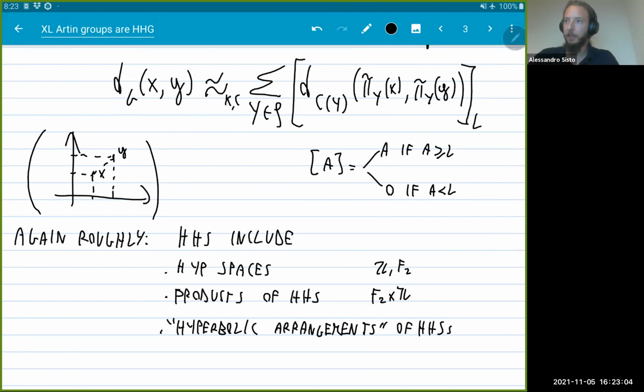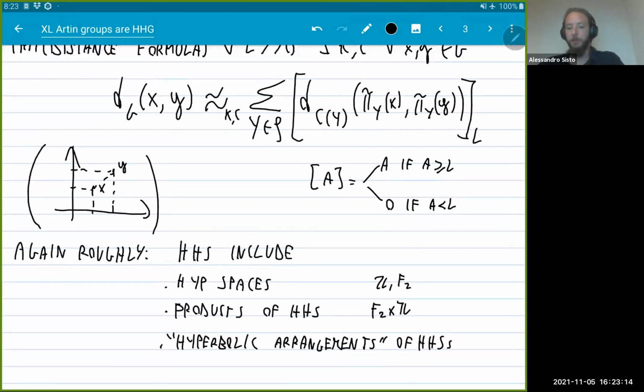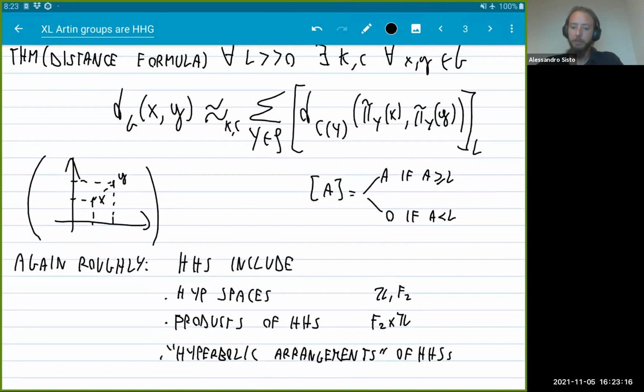I don't actually know how to make this precise, but as a heuristic, I think it's useful. And maybe I already told you enough so that if you have a space that you understand very well, you might have an idea whether it could be an HHS or not, hopefully.